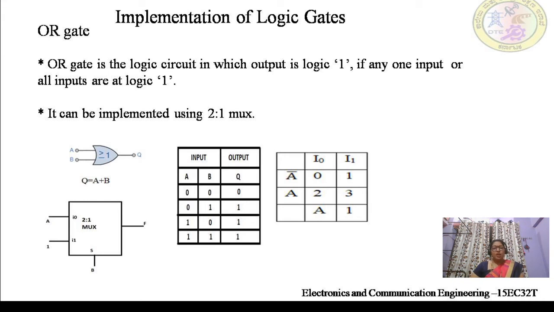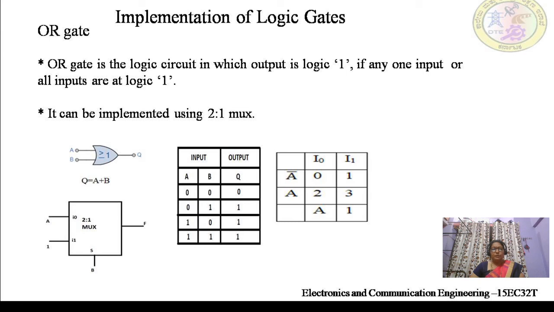So now after this we have to highlight the boxes. If we observe the truth table, for the first minterm the output is 0, and for the remaining three minterms the outputs are equal to 1. So therefore we have to highlight 1, 2 and 3.